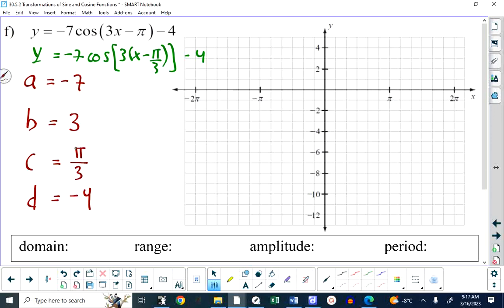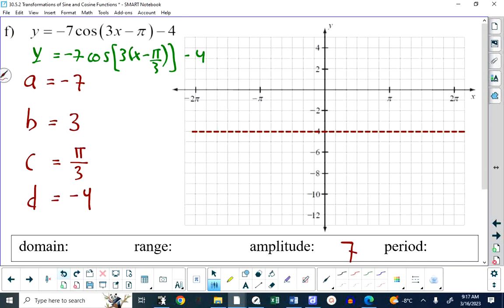So what are we going to do here? Well, the vertical displacement is negative 4. We can put in that guideline. The amplitude is 7 because little a is negative 7, and big A is the absolute value of little a; the absolute value of negative 7 is positive 7.